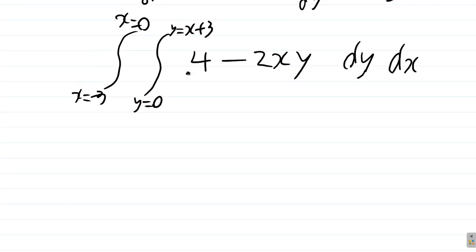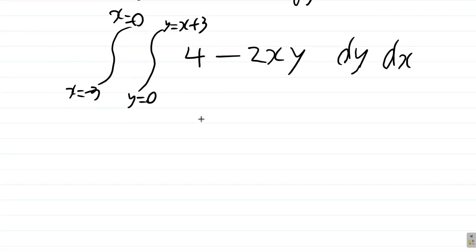Now, here you have this being integrated with respect to y. Alright? So this is 4y minus 2x y squared over 2. Alright?